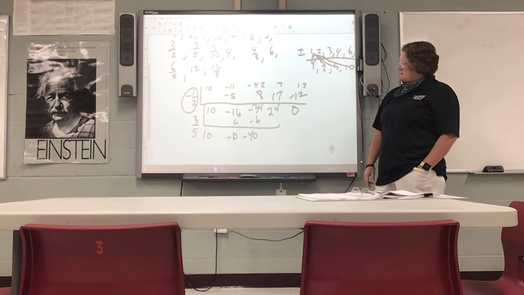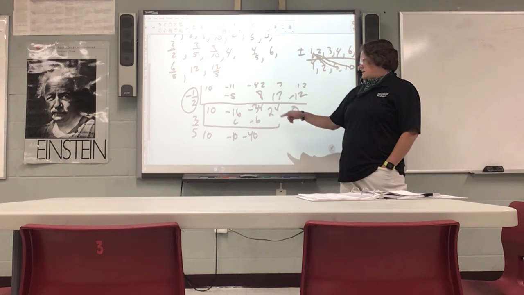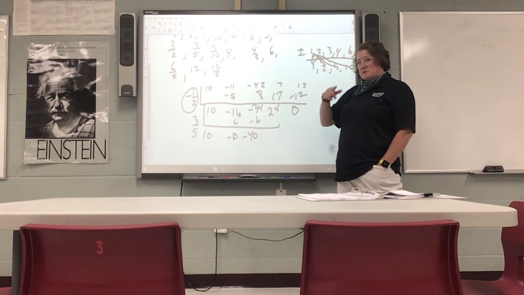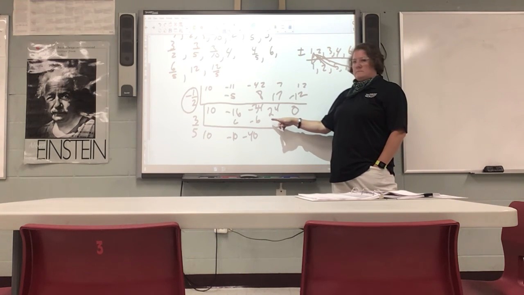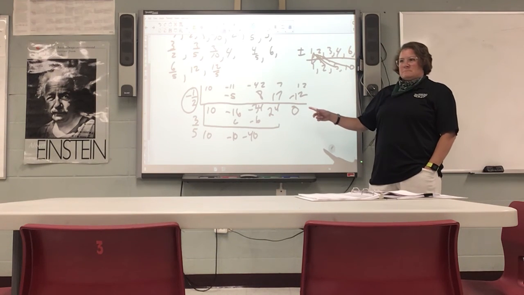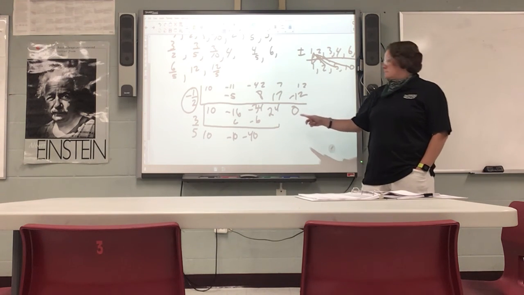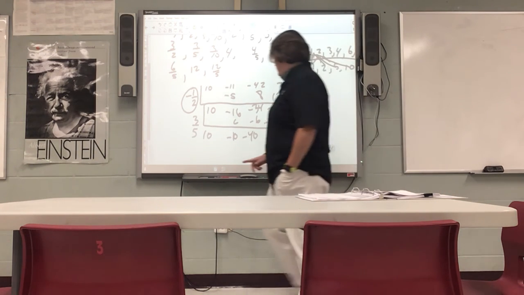Times 3/5, would that be negative 24? 120 over 5. So is that right? Did you check it? It should be negative 24, but check it, make sure. I was trying to give you one that worked. Yeah, negative 24 because 8 is 1/5 and then you got 3 of those, that's 24.